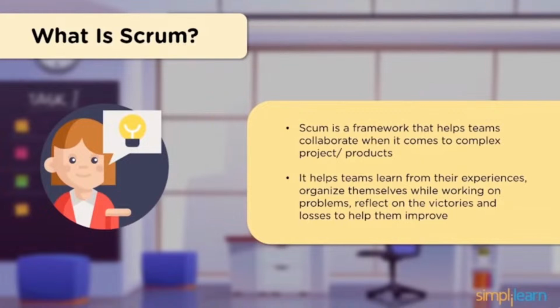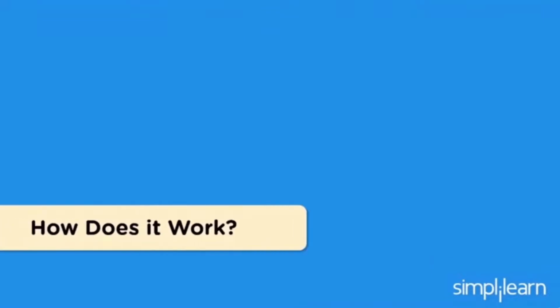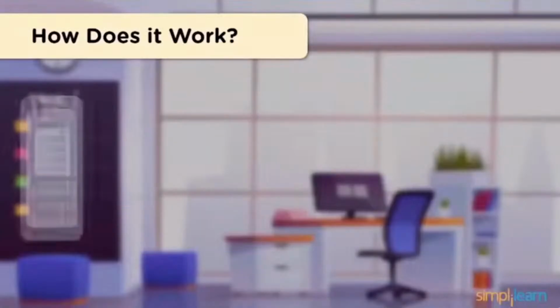With Scrum, teams are able to learn from their experiences, what worked out, what didn't, and things like that. They're also able to organize themselves to handle their problems effectively and basically improve themselves by reflecting on them. So how does Scrum work?